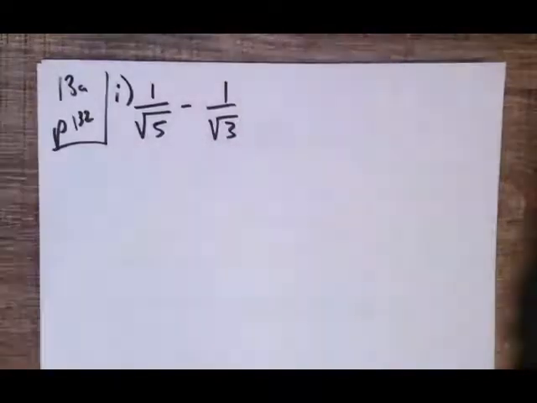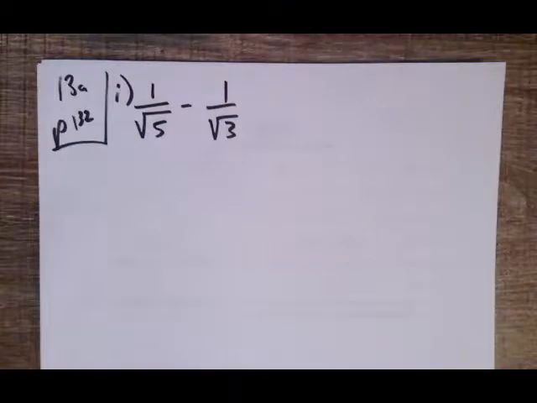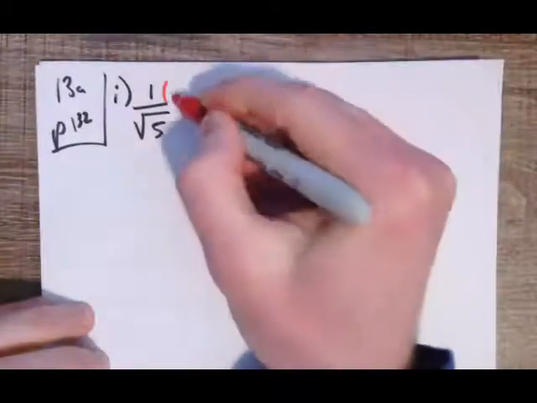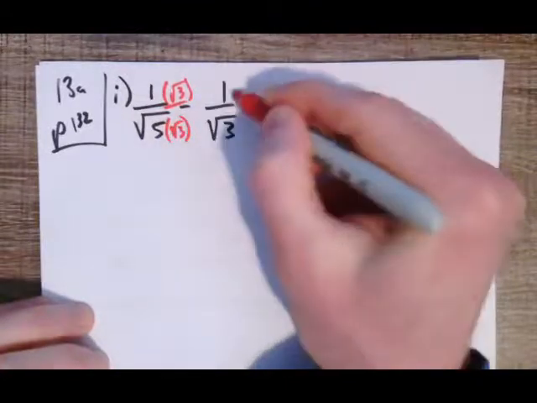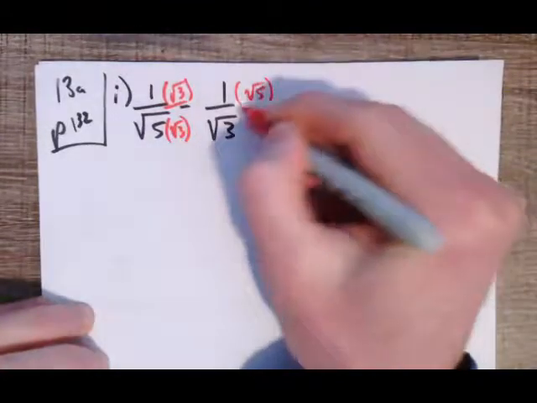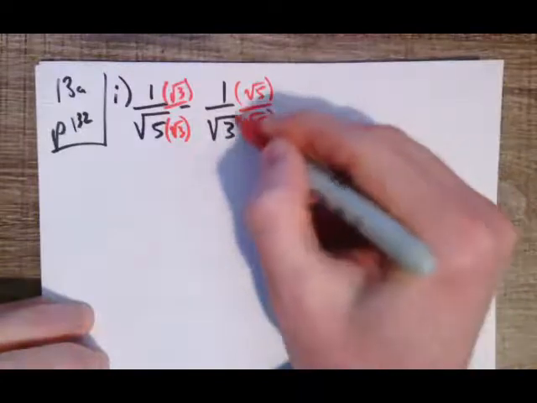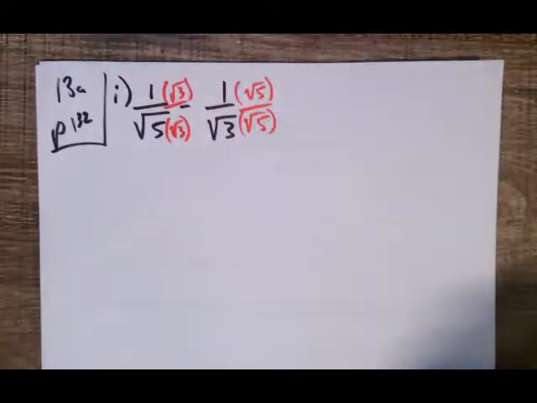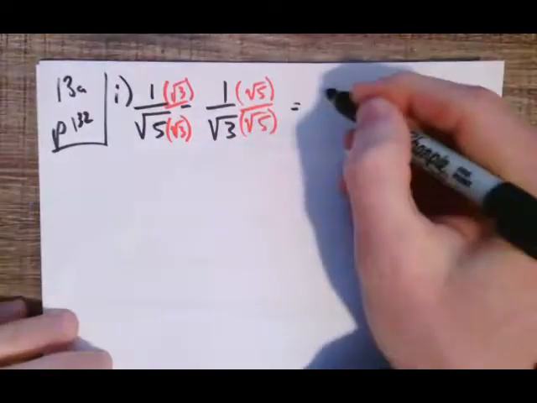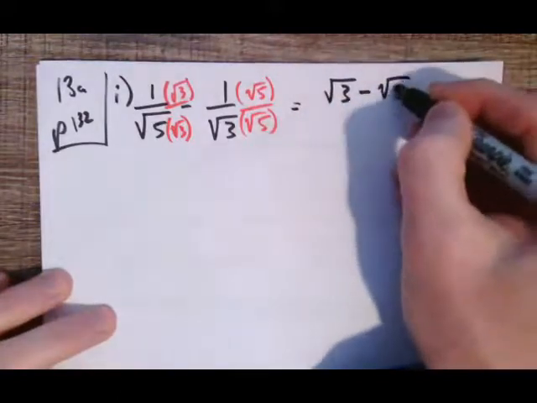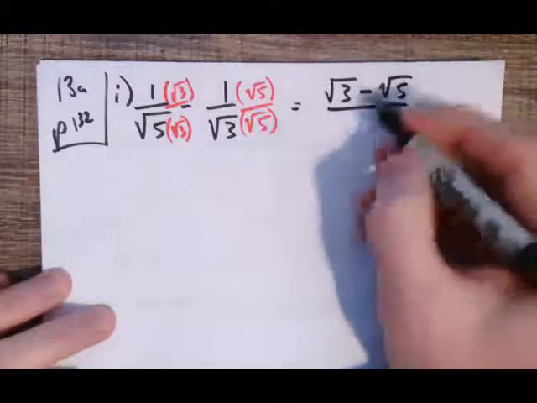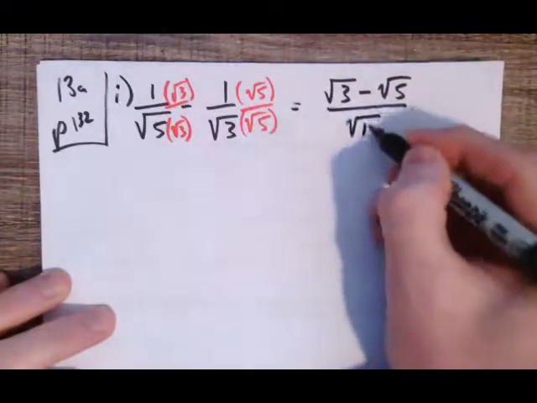So in this case, I'm multiplying this by root 3 over root 3, and this by root 5 over root 5, which equals root 3 minus root 5 all over root 15.